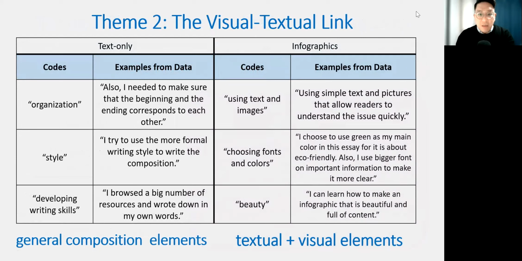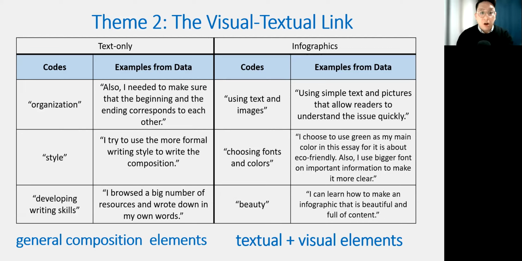The second theme was the visual-textual link. Here I'm comparing the text-based essays, which are assignment 1 and assignment 4, and then the infographics, which were assignment 2 and 3. There were some codes that were specific to the text-only essays and some that were specific to the infographics.